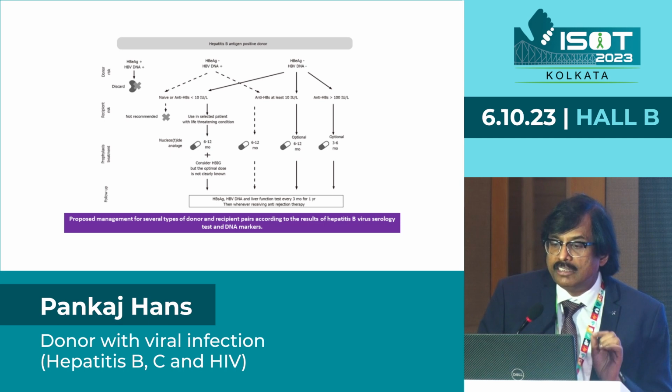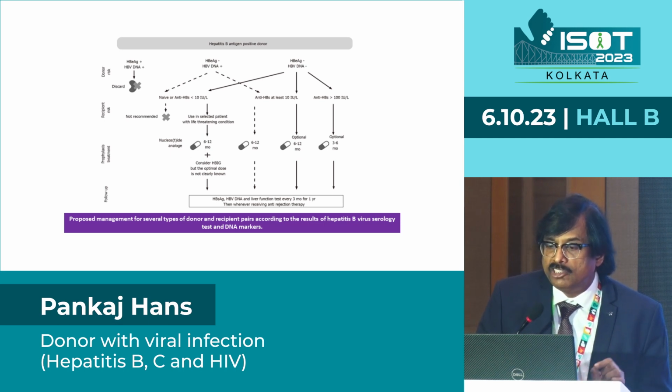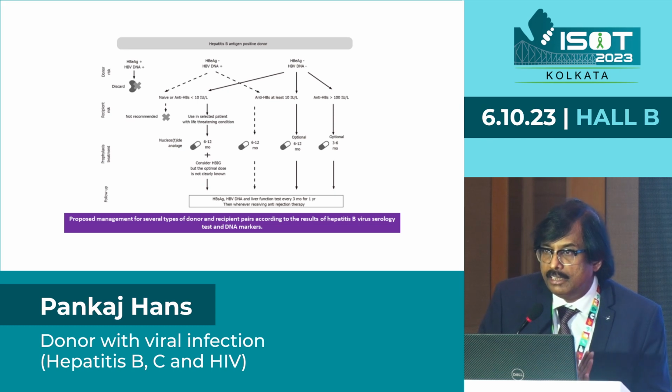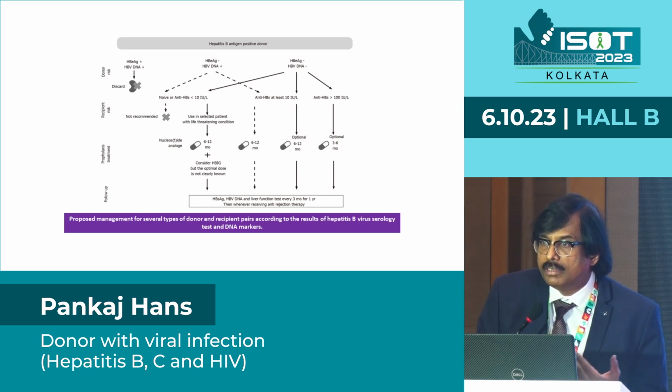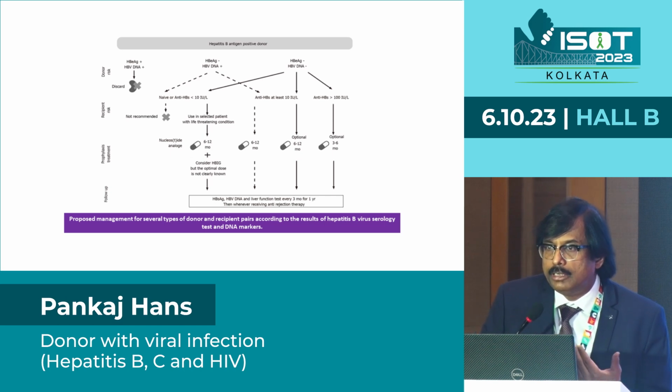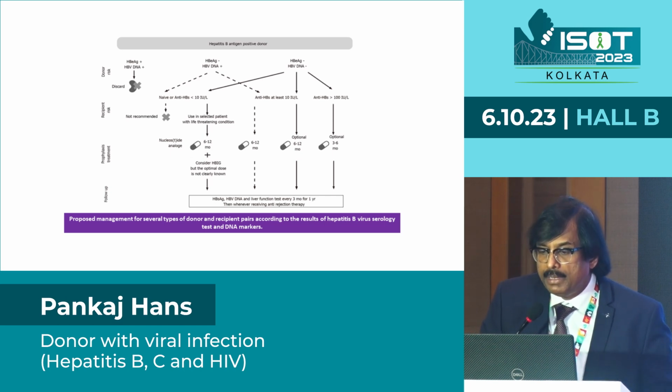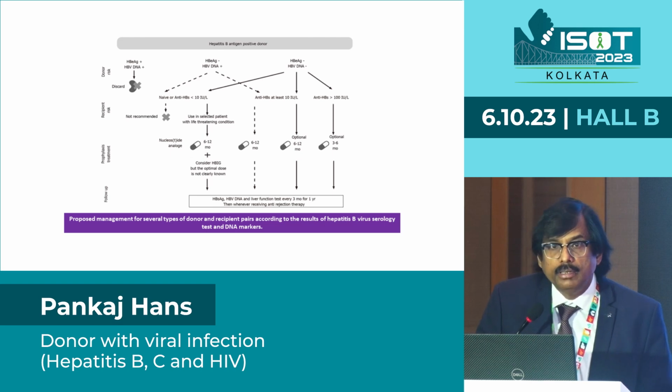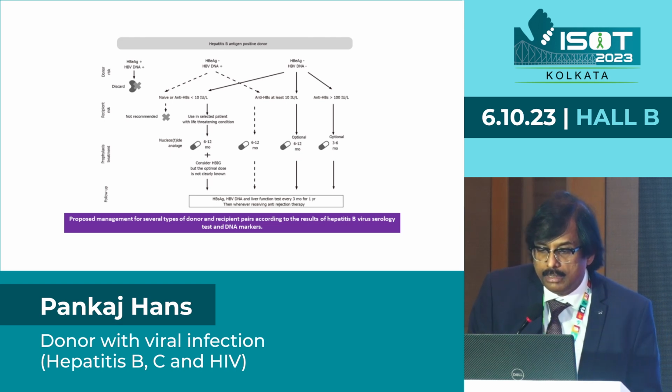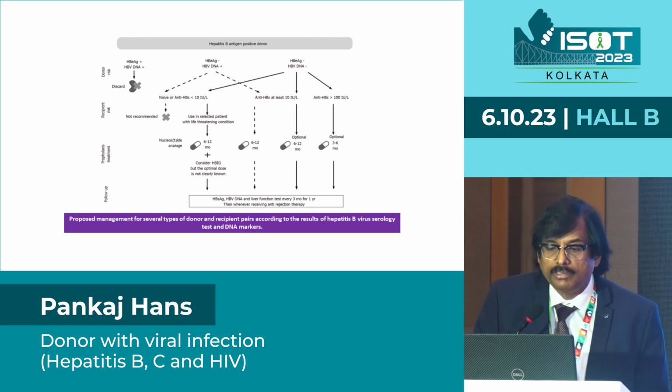If the patient is HBeAg negative and HBV DNA negative, then just divide into whether anti-HBs titer is more than 100. You can optionally give the recipient a nucleoside analogue for 3 to 6 months. And if HBeAg and HBV DNA are negative and the titer is more than 10 but less than 100, there is optional treatment, the duration is up to 6 to 12 months in that case. So that way you can just stratify your patients.